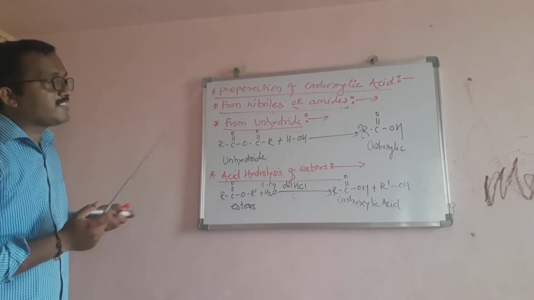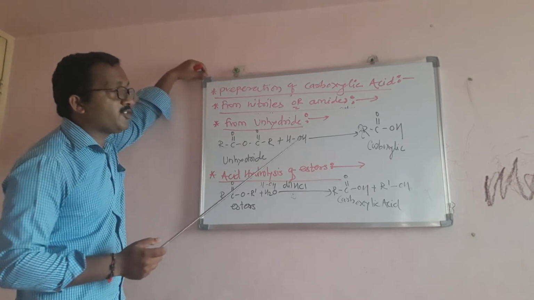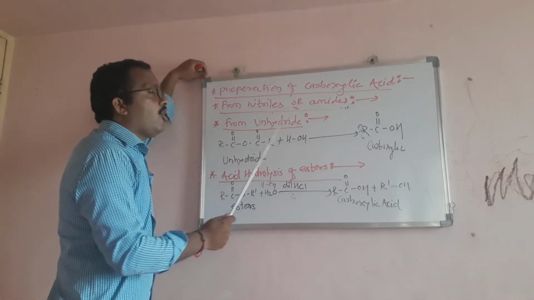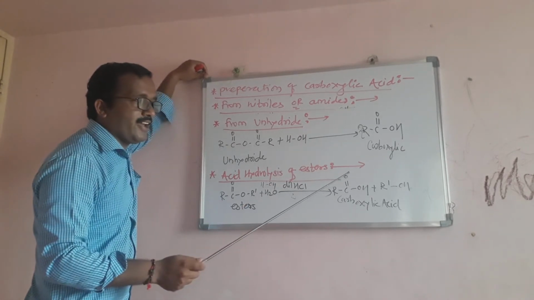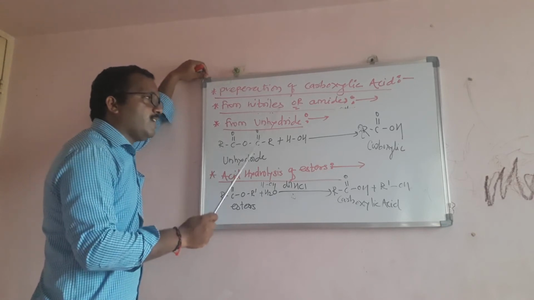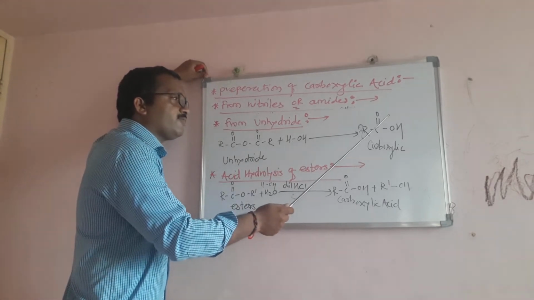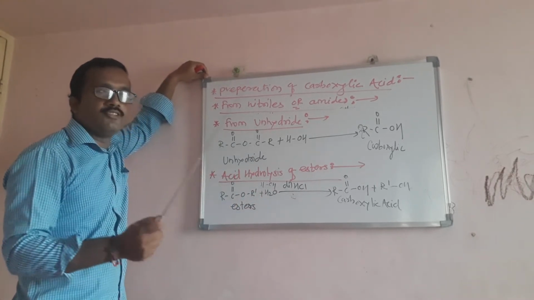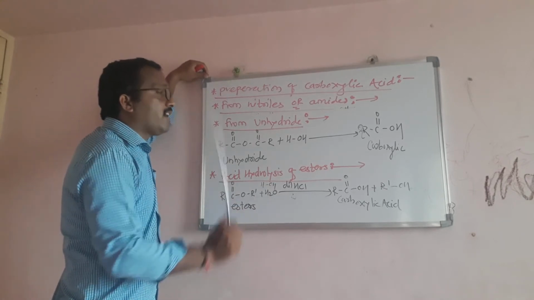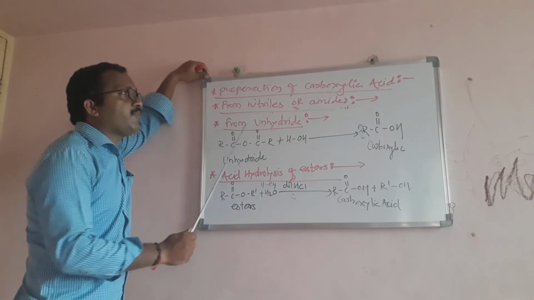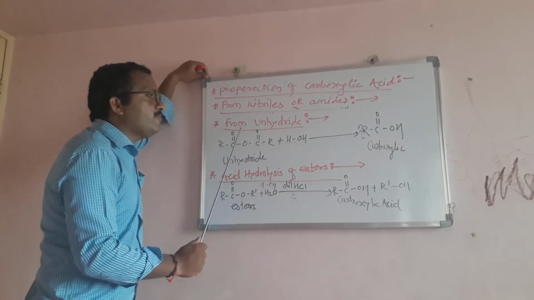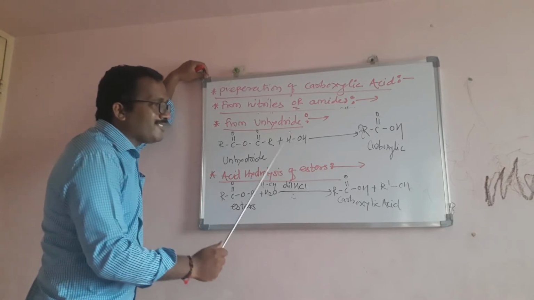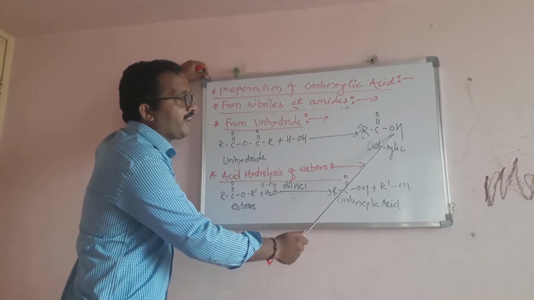In this section, we discussed four methods of preparation of carboxylic acid. The first is from nitriles or amides. When a nitrile undergoes hydrolysis it gives the corresponding imide, the imide gets converted to amide, and the amide undergoes hydrolysis to give the corresponding carboxylic acid. The next method is from anhydrides: when acetic anhydride or any anhydride undergoes hydrolysis it gives the corresponding carboxylic acid.